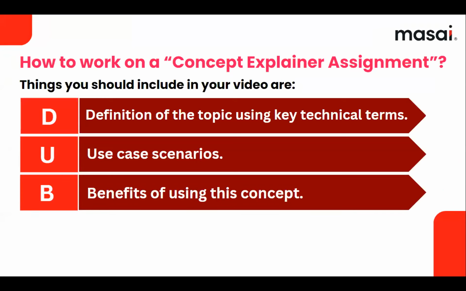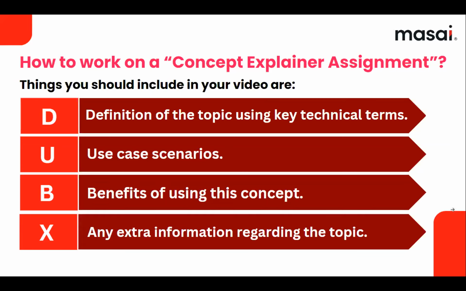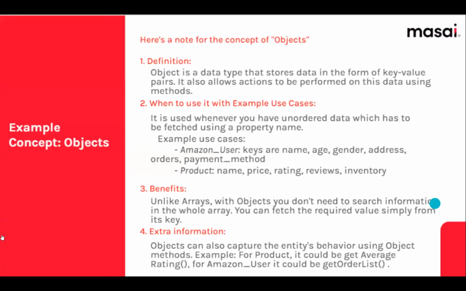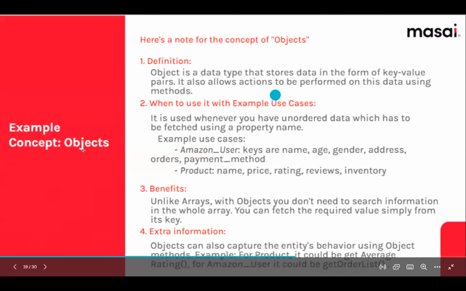You can tell some benefits of using this concept and some extra information if you want. This is the DAVEX formula on which you need to work while doing the concept explainer assignment. So let me give you one example, objects.